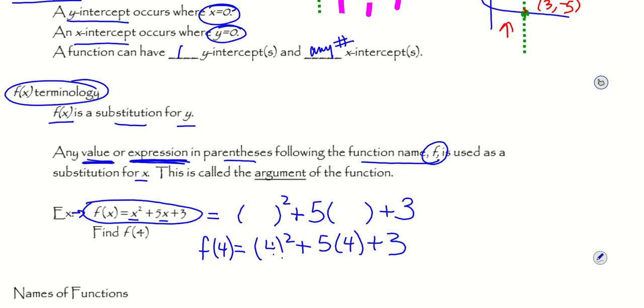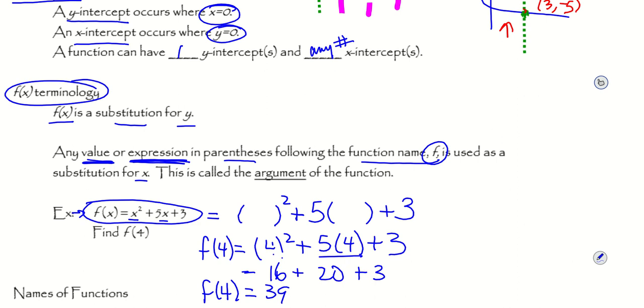If I evaluate that following order of operations, I square my 4, 16, then I can do my multiplication. 5 times 4 is 20, plus 3, and I get that f of 4 is 39.